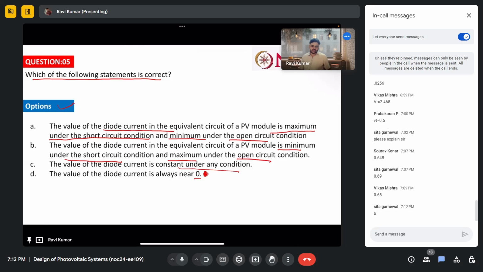B. Sita said B, the value of diode current is minimum under the short circuit condition and maximum under the open circuit condition. Okay. Others? For you guys, I can draw the IV characteristics, like the equivalent diagram.